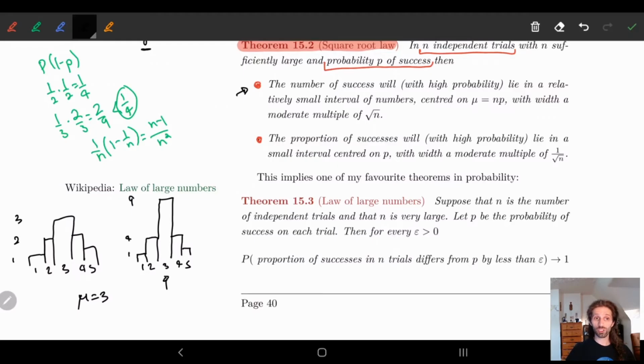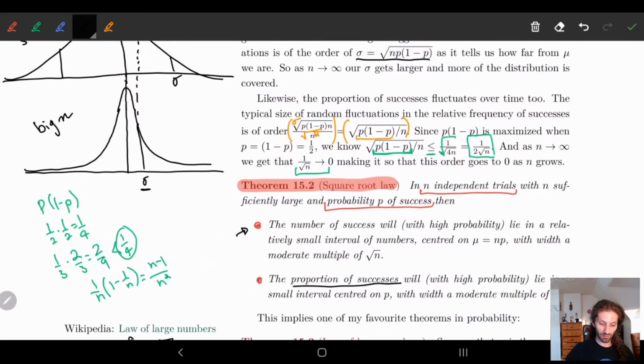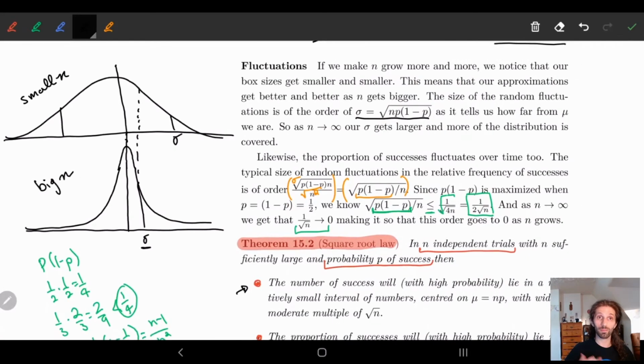That's where this number of successes is coming from, and it's saying our square root of n is going to be on either side of this. The other thing that we can look at is the proportion of successes. And this is where this graph comes in, because this is looking at the proportion of them.